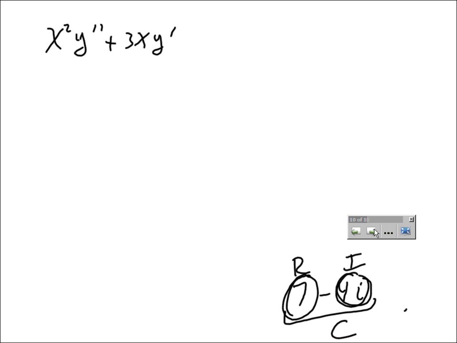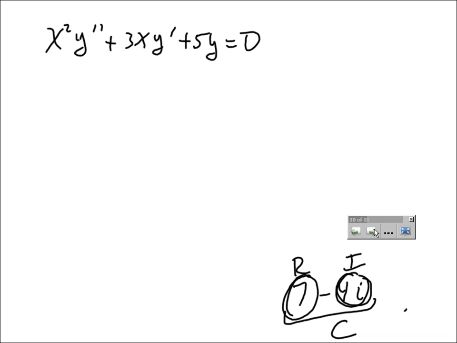That's the real, that's the imaginary, and the whole number is called the complex number. x squared y double prime plus 3x y prime plus 5y is 0.